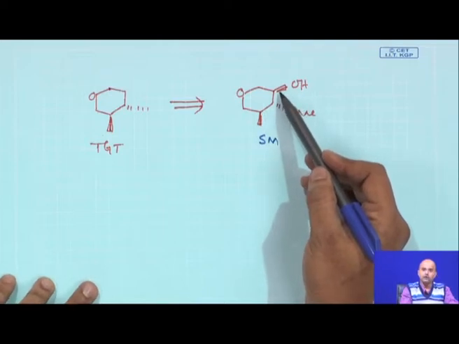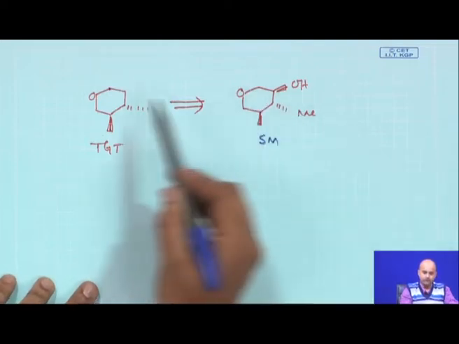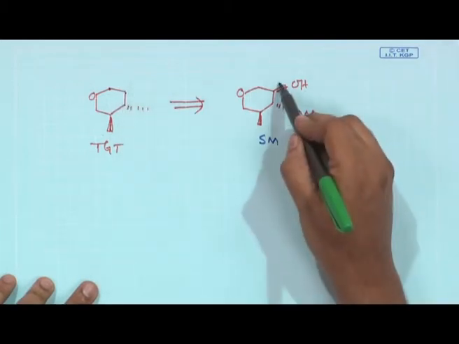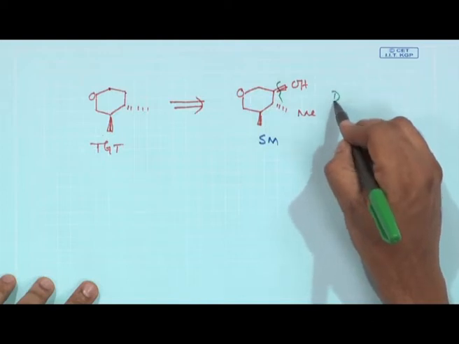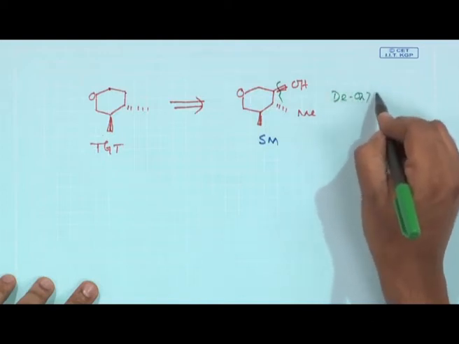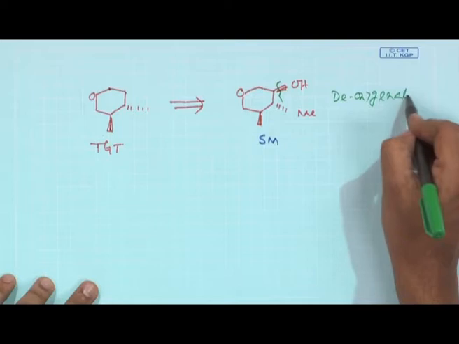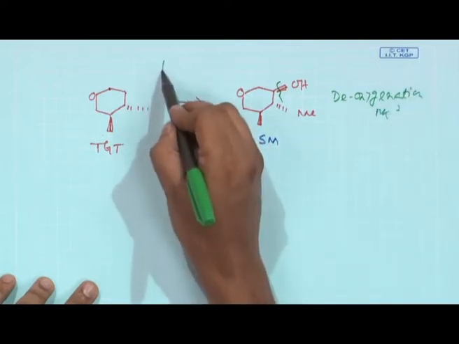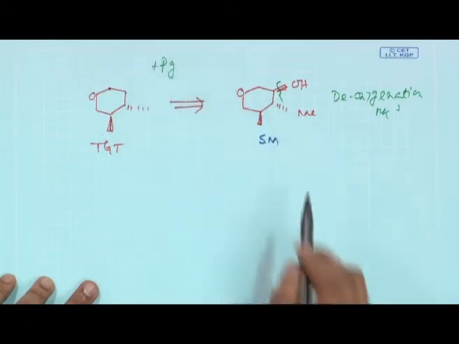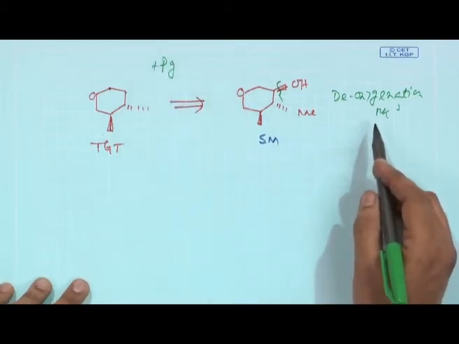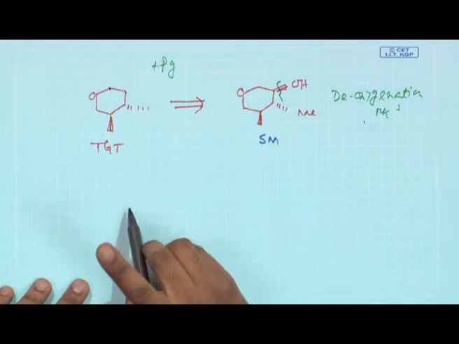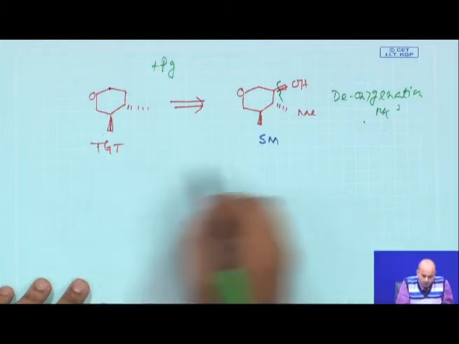If you can remove this alcohol, that will basically give you the carbon-hydrogen bond. So, in reality you need to do a deoxygenation reaction. Now, as I said, we will be using protecting group based chemistry. This kind of deoxygenation reaction we will discuss when we talk about redundant functionality. So, for the time being we will be using a different strategy. What will we be doing in the retro?